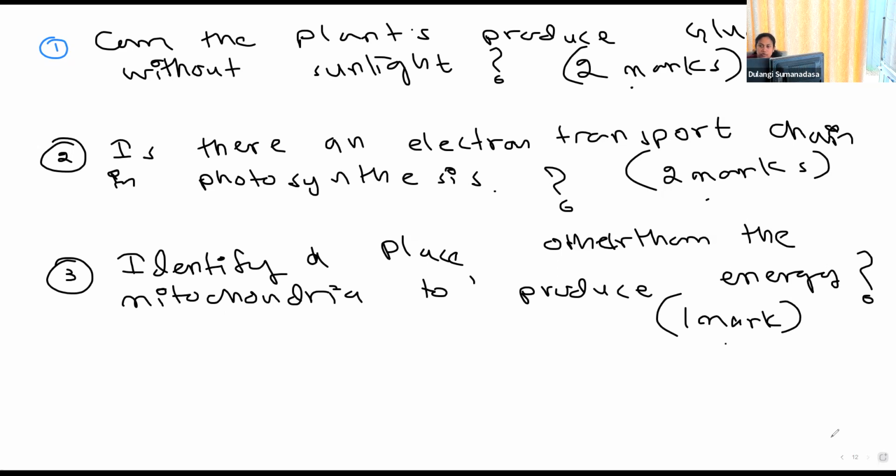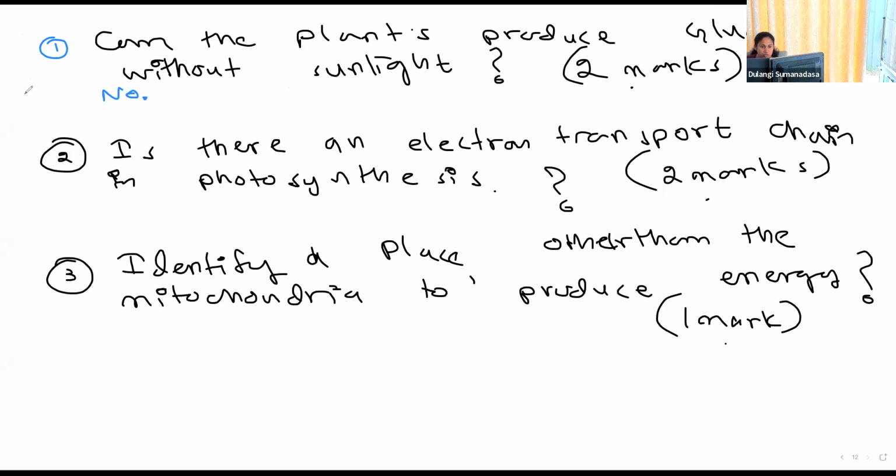Okay, can the plants produce glucose without sunlight? The answer is no. Light independent reaction produces the glucose, but to produce the glucose using the carbon dioxide, it needs the inputs. Light independent reaction needs the energy from the light dependent reaction. So without energy taken from the light dependent reaction, the light independent reaction can't take place.